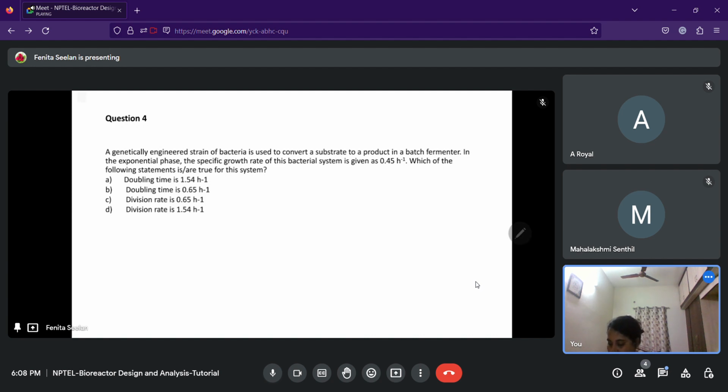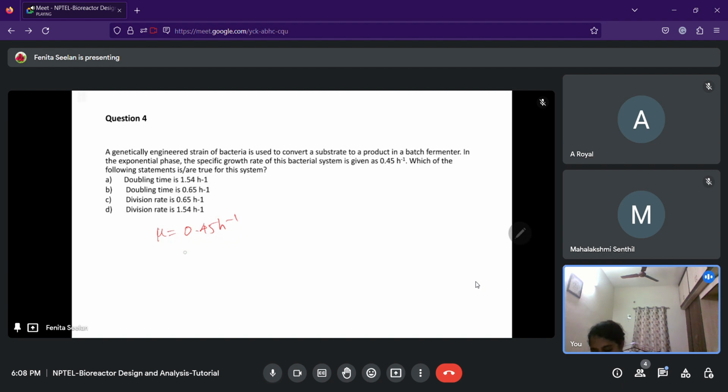I think you will remember the batch time from the lecture taken in week 2. Here mu is given, which is 0.45 per hour. This is a bacterial fermentation in a batch fermenter.